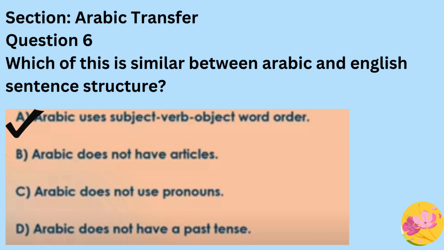A, Arabic uses subject, verb, object word order. B, Arabic does not have articles. C, Arabic does not use pronouns. And D. So, option A is the correct answer. Arabic uses subject, verb, object word order also in nominal sentences.